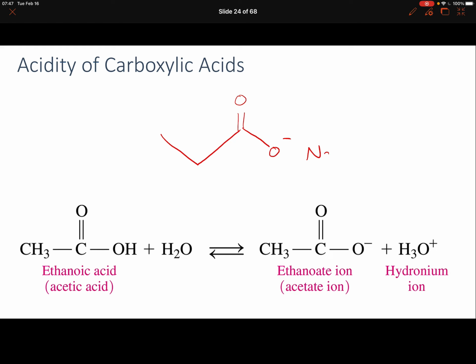And all of these acids that lose their H's have to be now paired with a positive ion. So that's why you'll see them as salts, sodium propanoate or potassium ethanoate, and so on and so on. So here we don't show it paired with anything, but in the preservative world, you'll find it as a salt.